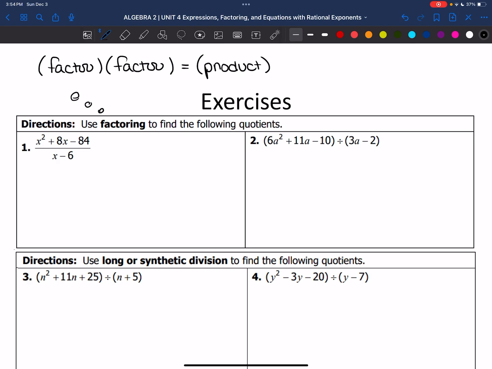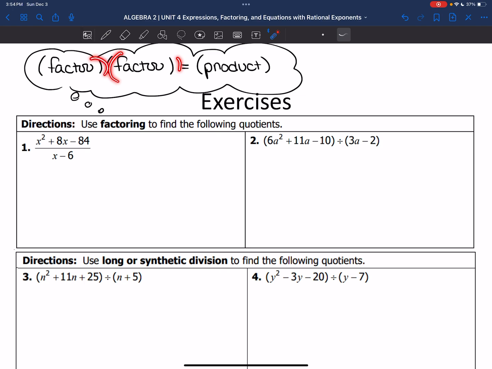So factoring is just working in reverse order. We are given the product and we might know one of our factors and we need to find the other, or maybe we're just given the product and we want to figure out what multiplies together to give us that product.